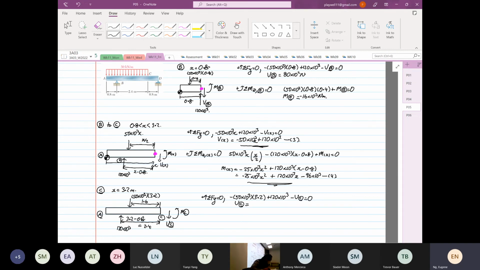Okay, so it's equal to, I think, did I do something wrong? 120, 50 to the power 3 times 3.2. Minus this plus 120 to the power 3 is equal to 40. Yep, 40 is correct.